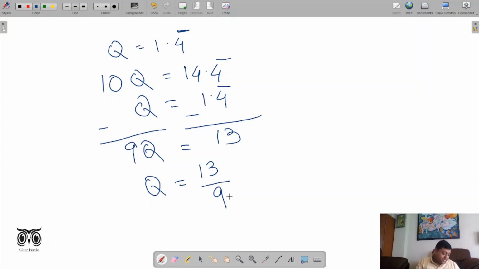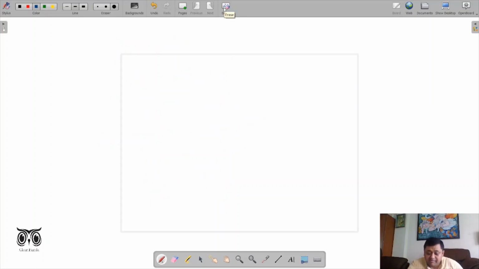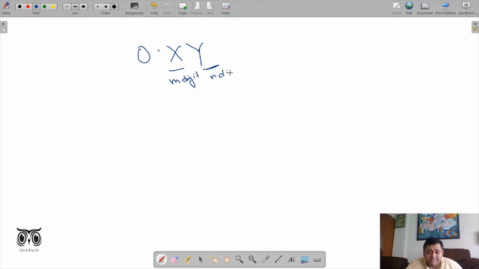So this is where, if we generalize this entire thing, say we have a form which is 0.xy such that x has m digits and y has n digits.